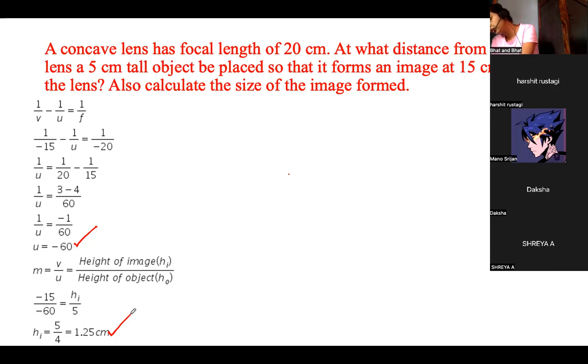If v is negative, which type of image is it? Virtual or real? Are you people there? Yes, ma'am. Ma'am, if v is negative, then it's a real image.